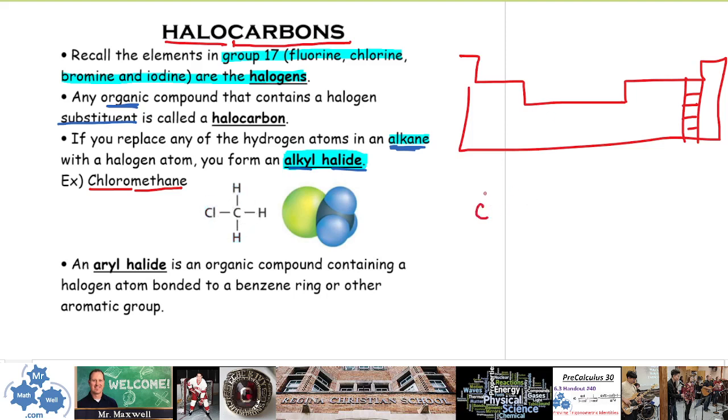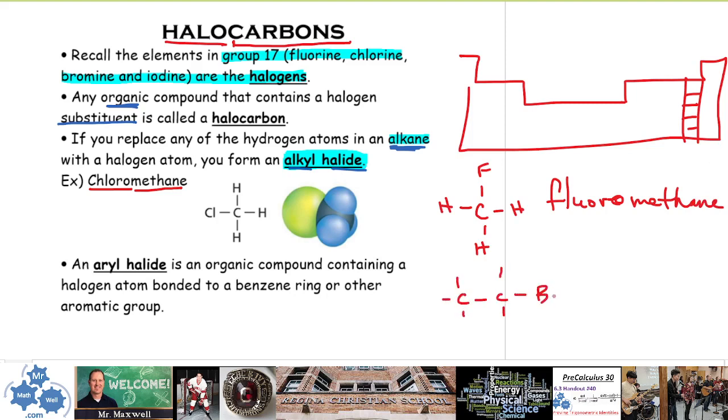All right. If you had something like this, what do you suppose this might be called? That's right. Fluoromethane. Fluoromethane. Very good. What about this, where all these are H's here?